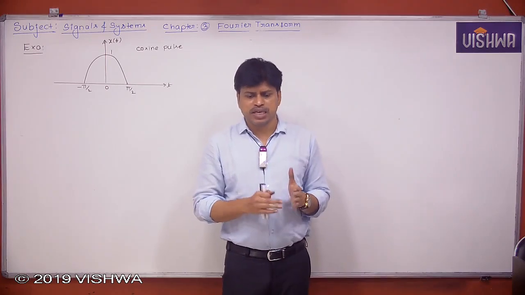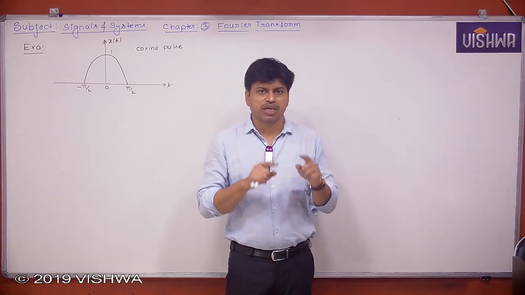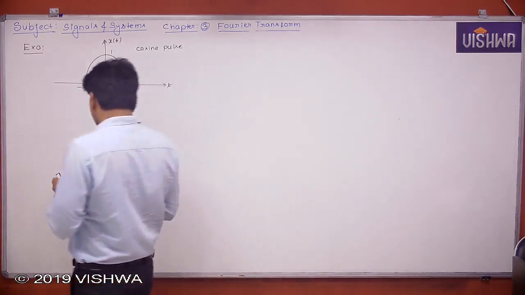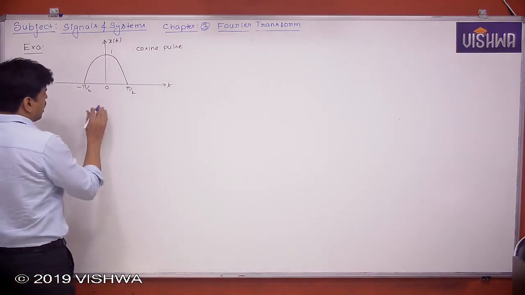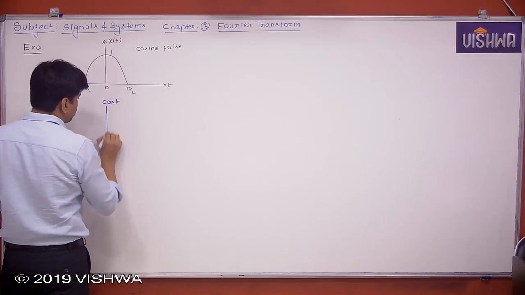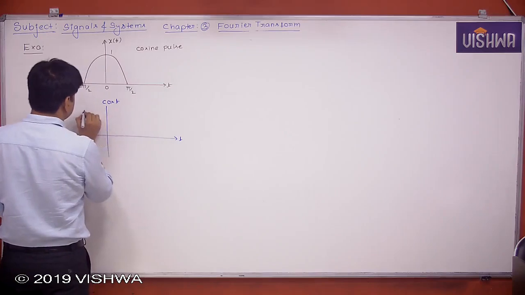What if a signal is existing for a duration? Then we have to multiply with a rectangular pulse. What do you mean by this, sir? See, suppose I take the cos t function. How does it look with respect to t?